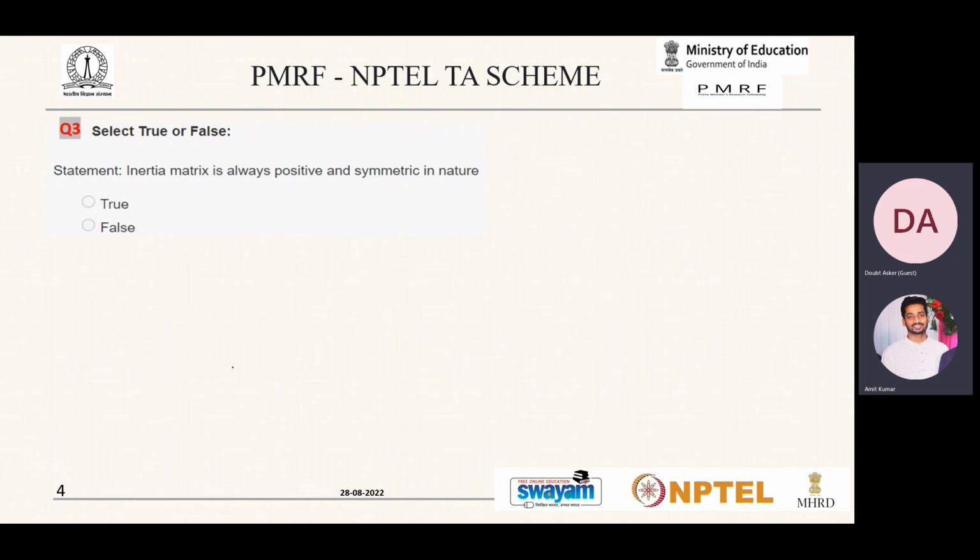We have the inertia matrix. It is based on the property of the inertia matrix. The statement is that the inertia matrix is always positive and symmetric. The first part is pretty much clear, that the inertia matrix is always positive, right?